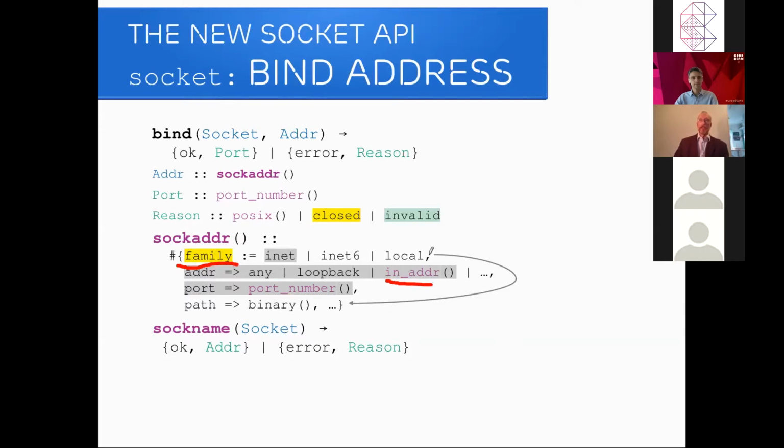For the local address family, that is the Unix domain sockets, you have a path, a file system path. Linux has a special variant that is not a file system path, but that's another thing. We here see a few of our own error reasons. The invalid one, we are thinking about expanding to a tuple so we can tell what is invalid, not just that something was invalid.